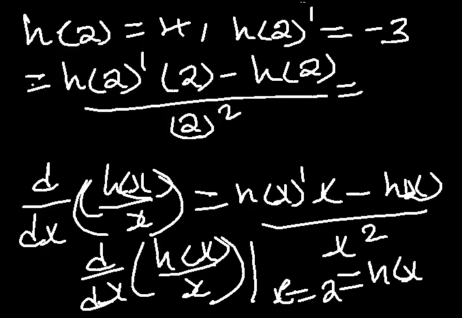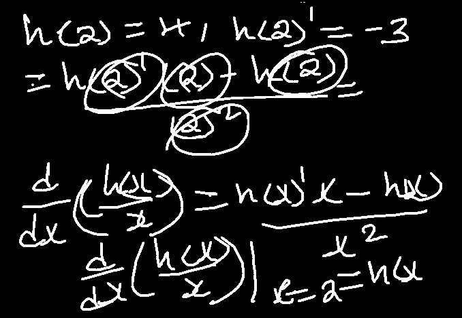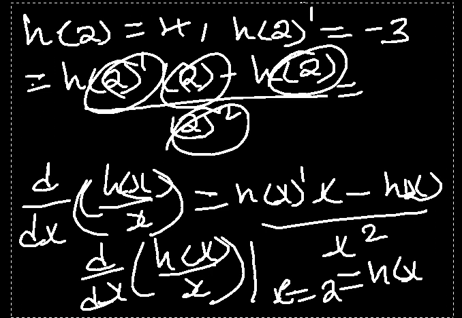So what is h of 2 prime? We have it as negative 3, times 2, minus 4 here, and divided by 4. You can simplify that one in that case.